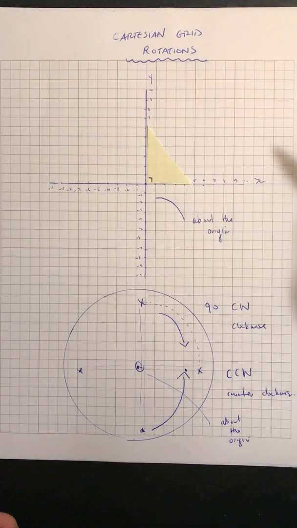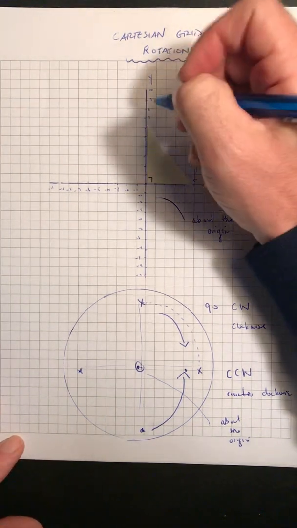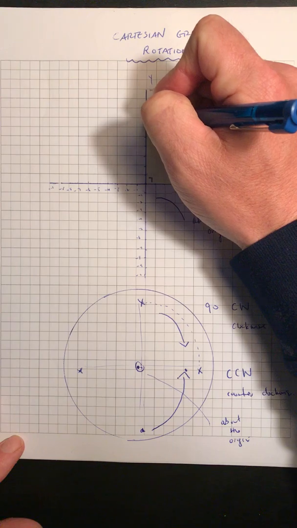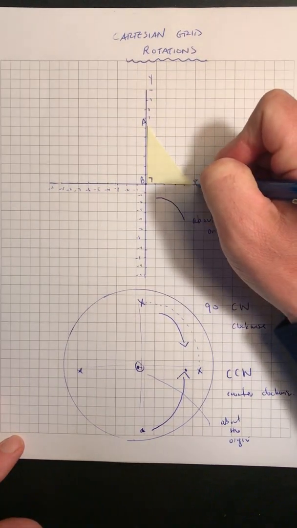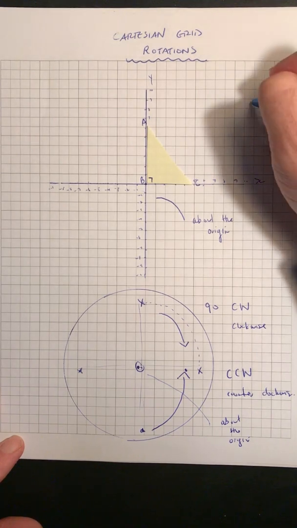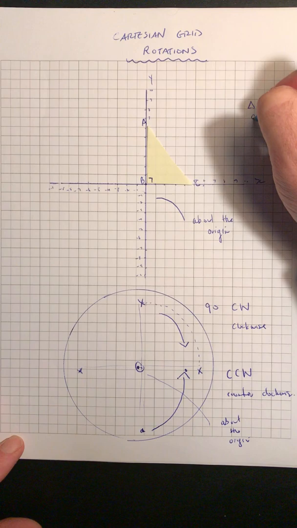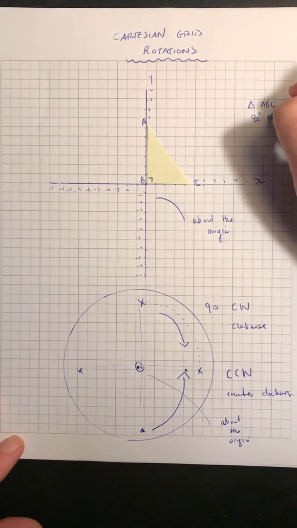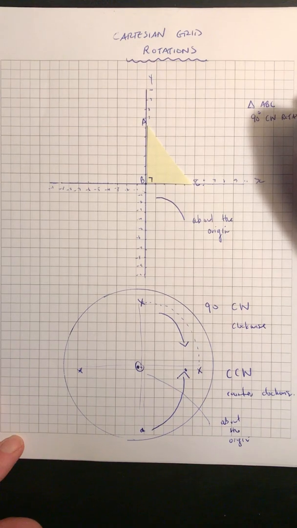All right. So for this shape right here, let's call it A, B, C. We've got a right angle triangle ABC. We're going to make a 90-degree clockwise rotation.